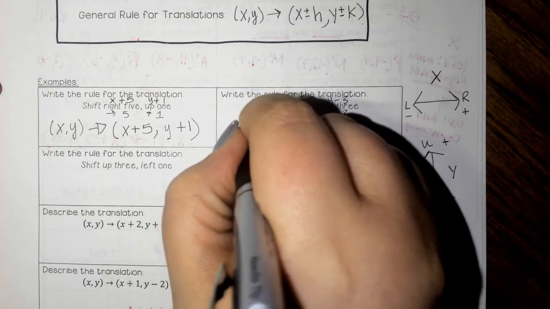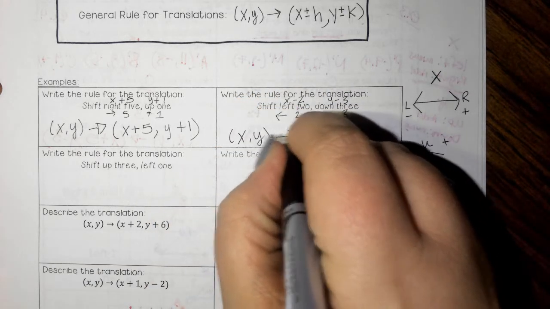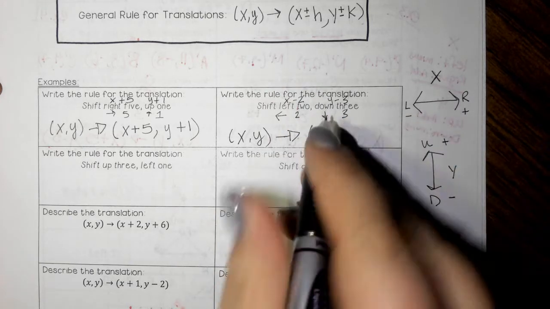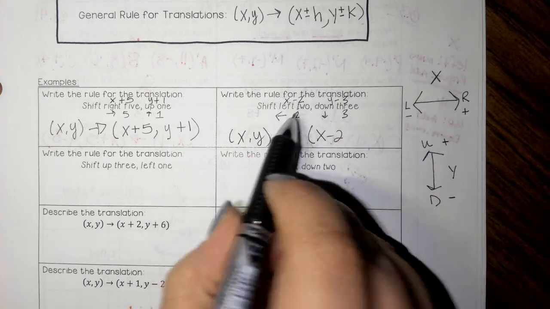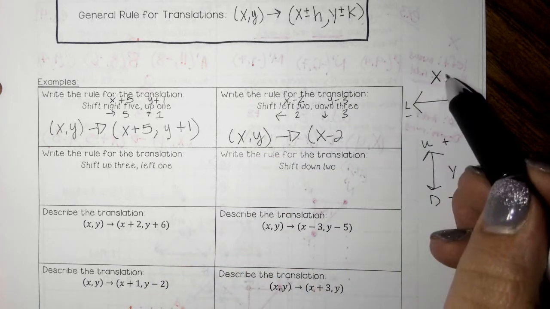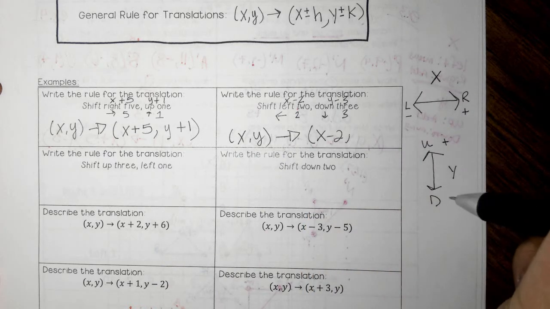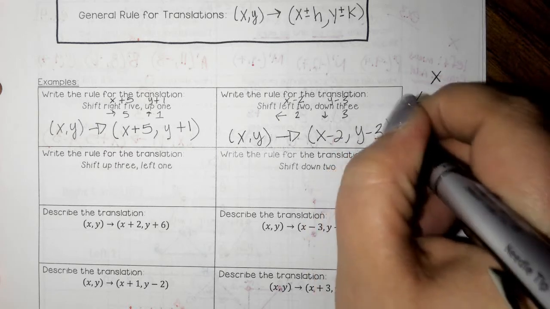So our normal ordered pair, (x, y), where we start, slides, so some sort of transformation is happening. The new x value is x minus 2, because we're minusing 2 from every x value. And then we're going down 3, we're minusing 3 from every y value. So y minus 3 is the new y value.